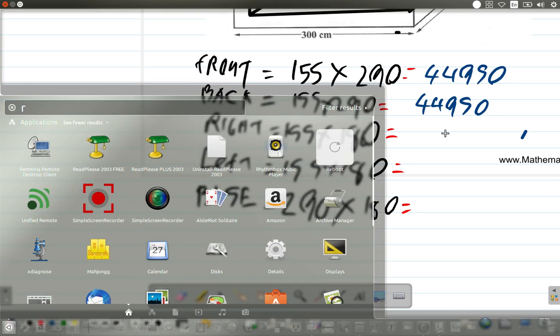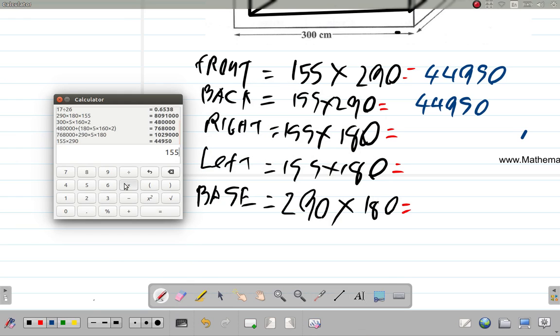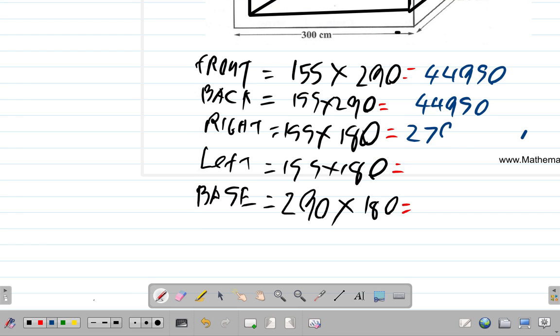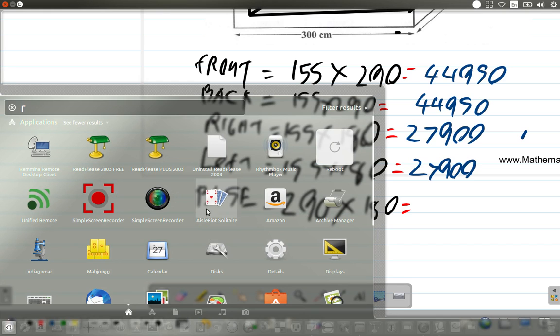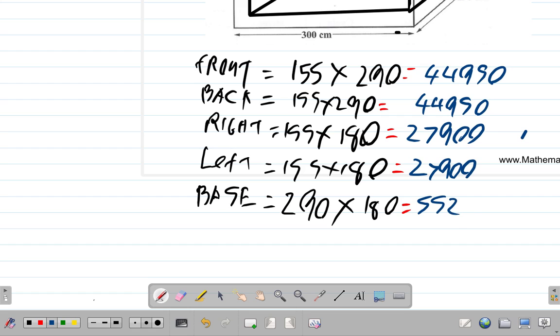And you have 155 by 180 now. 155 by 180 gives you 27,900, and 27,900. And then you have the 290 by 180. So 290 times 180 will give you 55,200. 55,200. So what is the total?